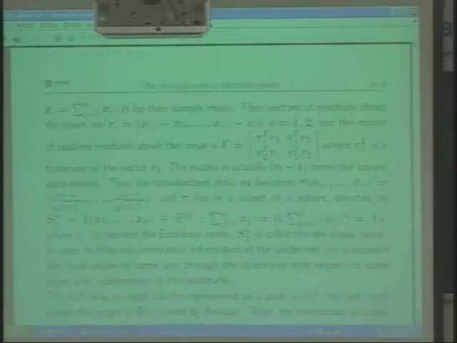Here is a simple geometry. A shape, the pink triangle, can be transformed into the blue one at a standard position. With that position, Kendall formulated the shape by using a sample mean x bar, for which he used a uniform distribution, and with that he calculated residuals, and they make the shape space.